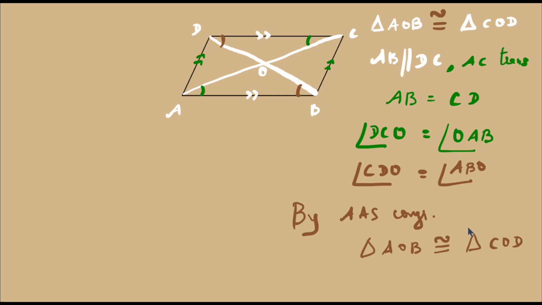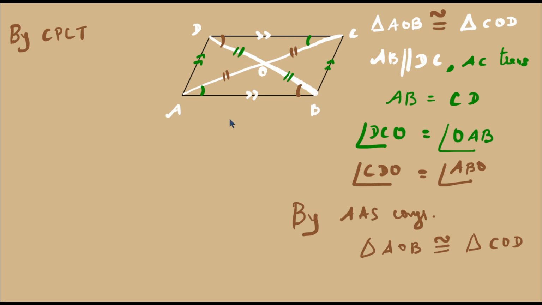It's important because of the corresponding parts of congruent triangles. The important parts we need to observe are that these two line segments are equal to one another, and similarly OD and OB are also equal.